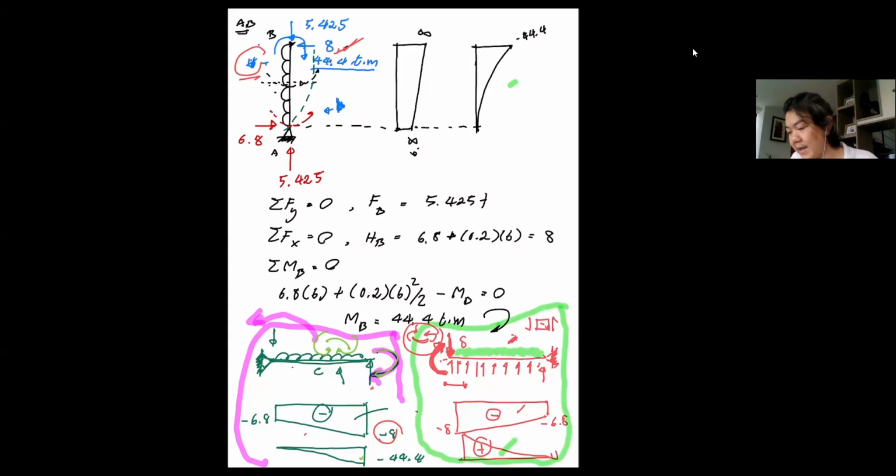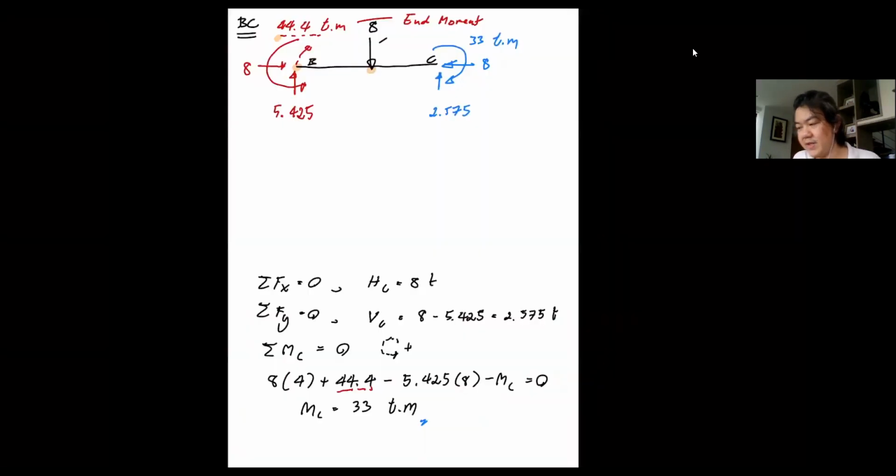Okay, so we are back here in this business because we're not finished yet with the shear force and bending moment diagram. So the shear force diagram of this is going to be very, very simple because you now have the 5.425, nothing else to interfere.